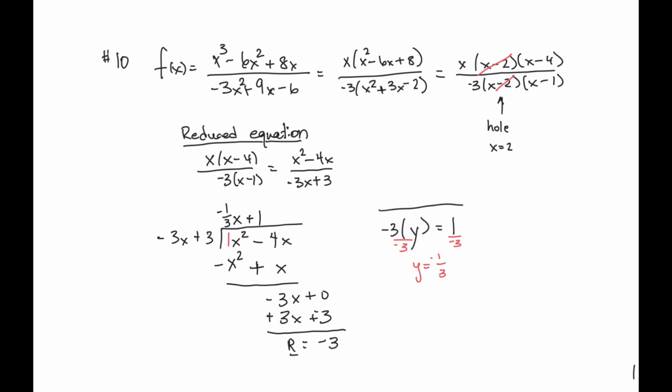Now, we know when you do this process, especially with higher ordered polynomials, the question is, when do I stop? Well, the thing I'm looking for is when the degree of the remainder is smaller than the degree of the divisor. This is a degree of 0. You don't have an x value here.